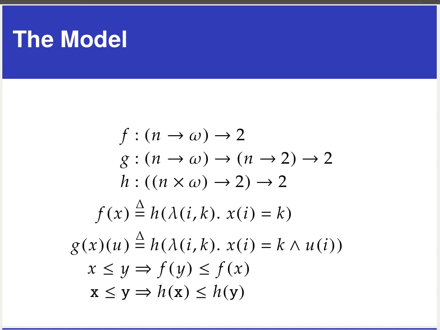Is that the same as k? If it is, we return yes, otherwise we return no. And g of x, the local provenance g, is defined in a very similar way, except you also get this parameter mask, and you return yes if the parameter has the value it's supposed to have and the mask says you are allowed to use that parameter, otherwise you return false.